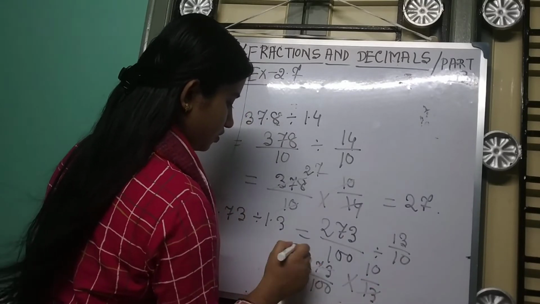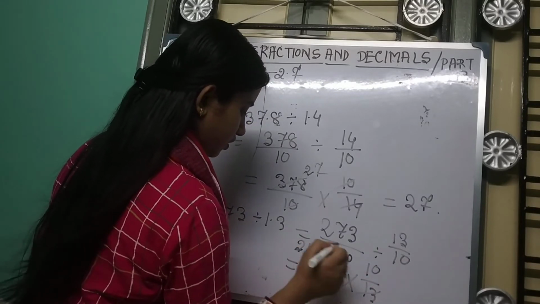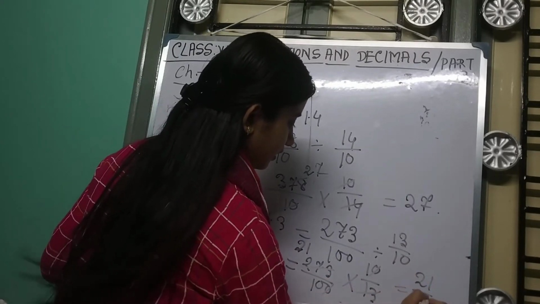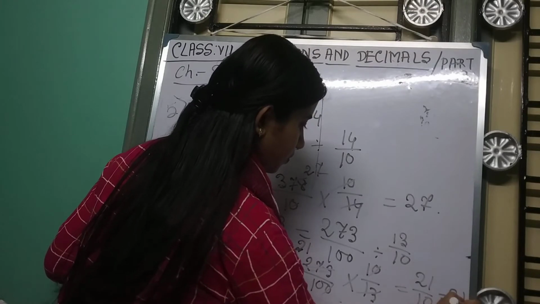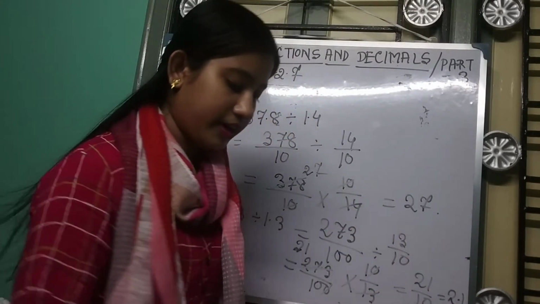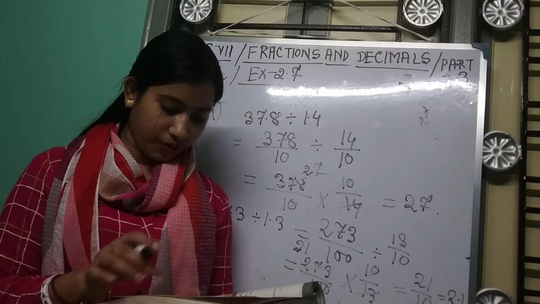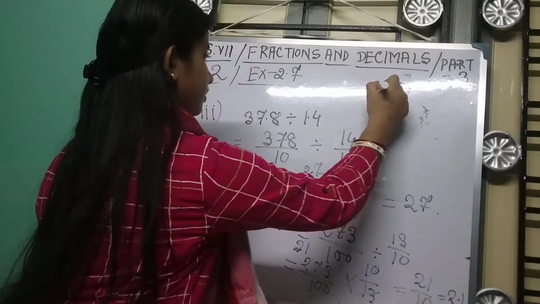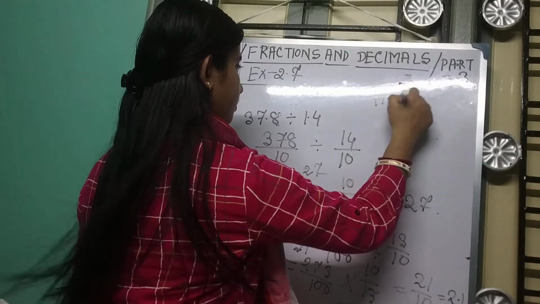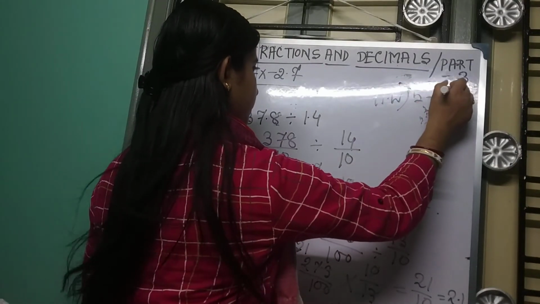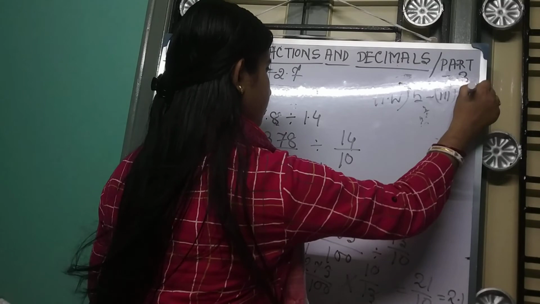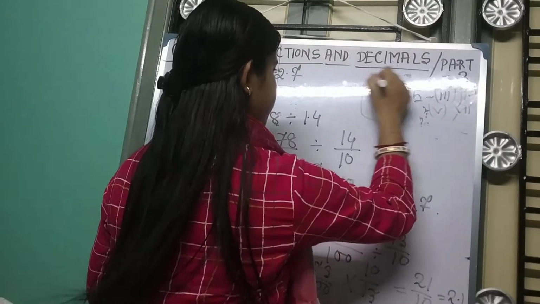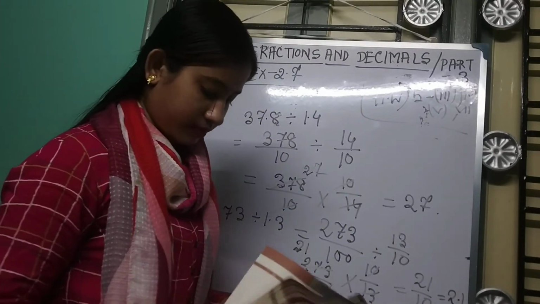So this is equal to 21 by 10, that means 2.1. This is number 9. So at your home you should try numbers 3, 4, 5 and 7. This is homework for you.